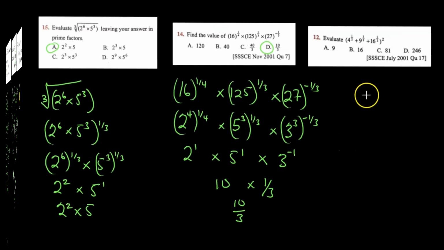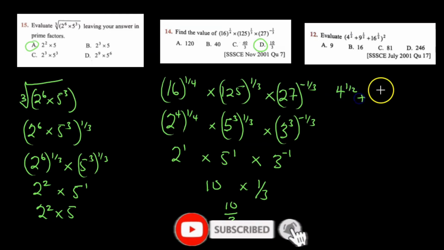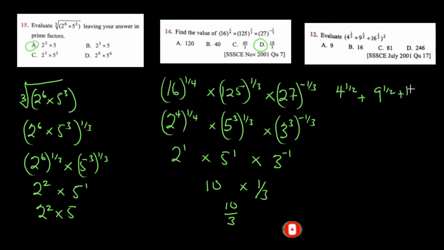Now, this is a special case altogether. We have 4 to the power half plus 9 to the power half plus 16 to the power half, all raised to the power 2. Bear with me: we never learned any law which combines two terms in terms of addition or subtraction.